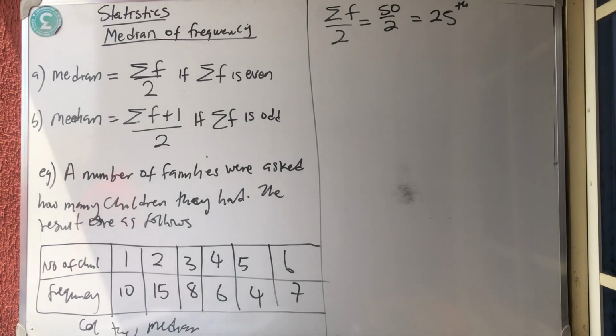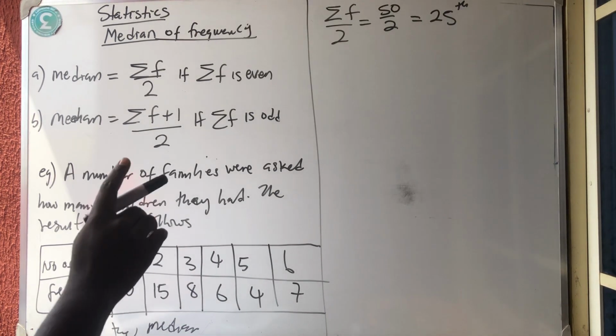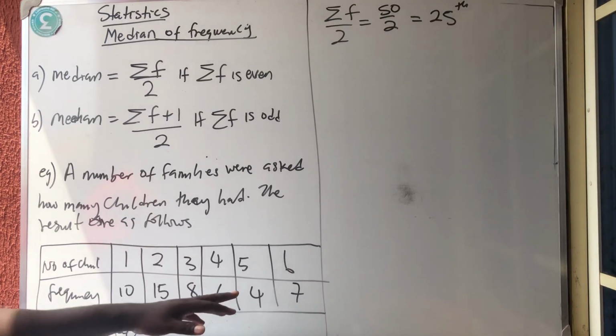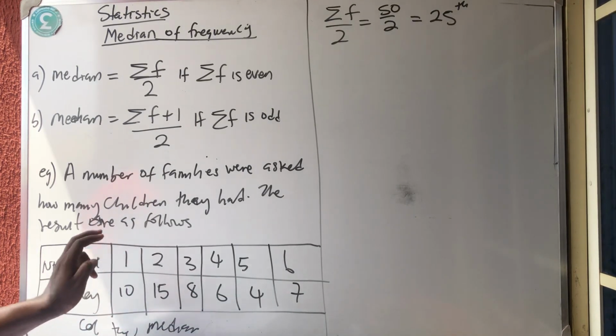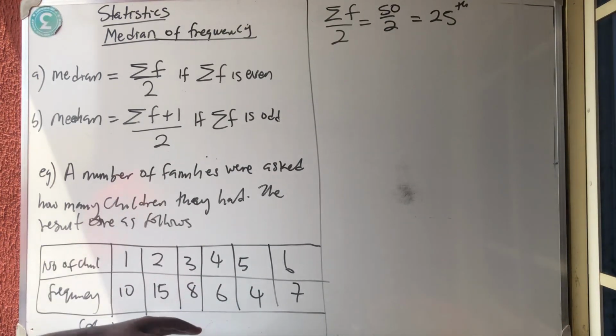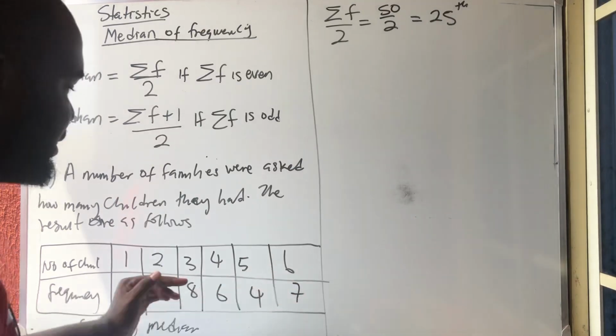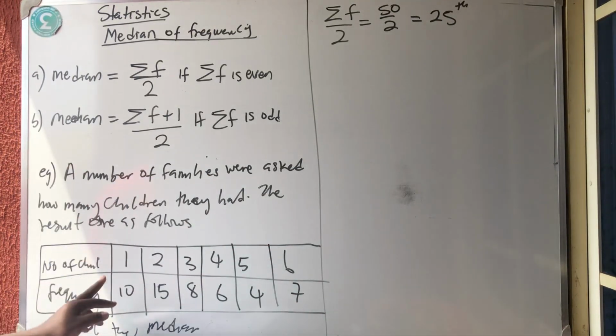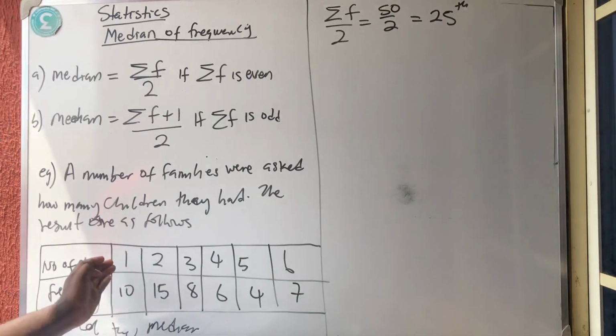Since it's falling on the 25th, now look at how to get the answer. Start adding your frequency according to how the number of children are arranged in ascending order. It's not the frequency you are arranging in ascending order, it's the x. The x is what we arrange in ascending order, and this one is already arranged.